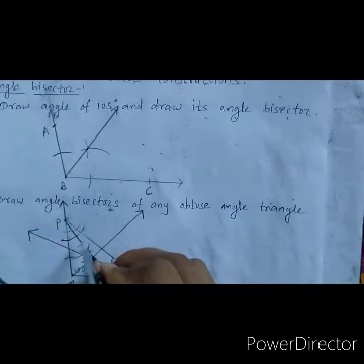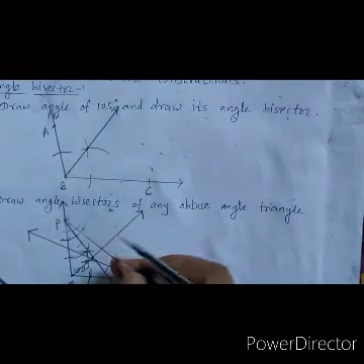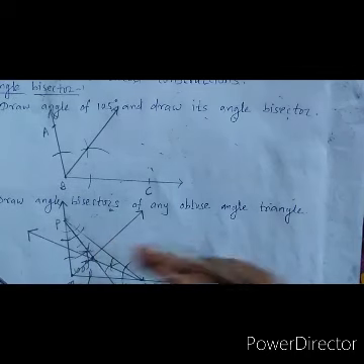And now we got here the point of intersection of these 3 angle bisectors.